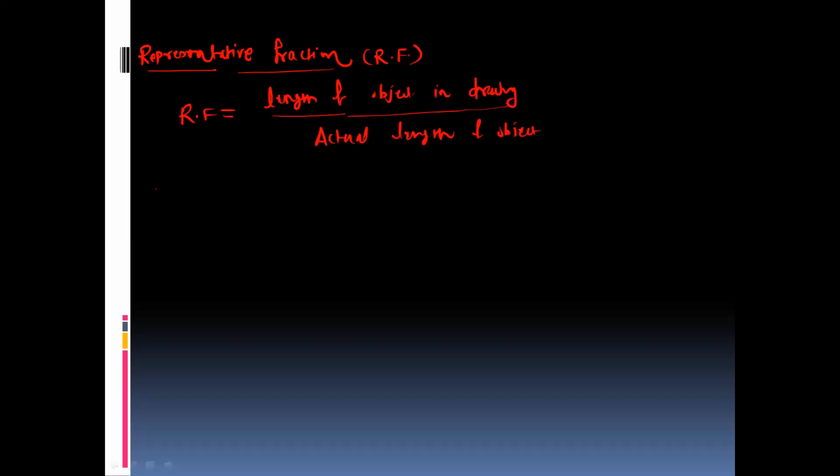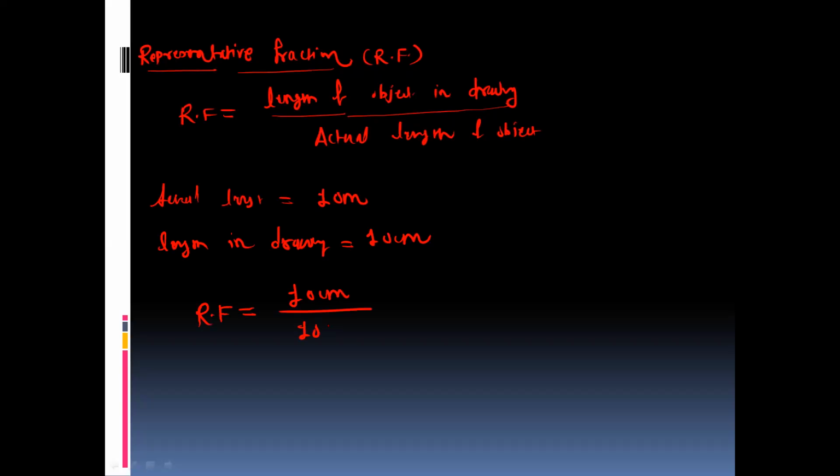So suppose the actual length is equal to 10 meter, and suppose we are using the length in the drawing as 10 centimeter. So this representative fraction will be 10 centimeter upon 10 meter.